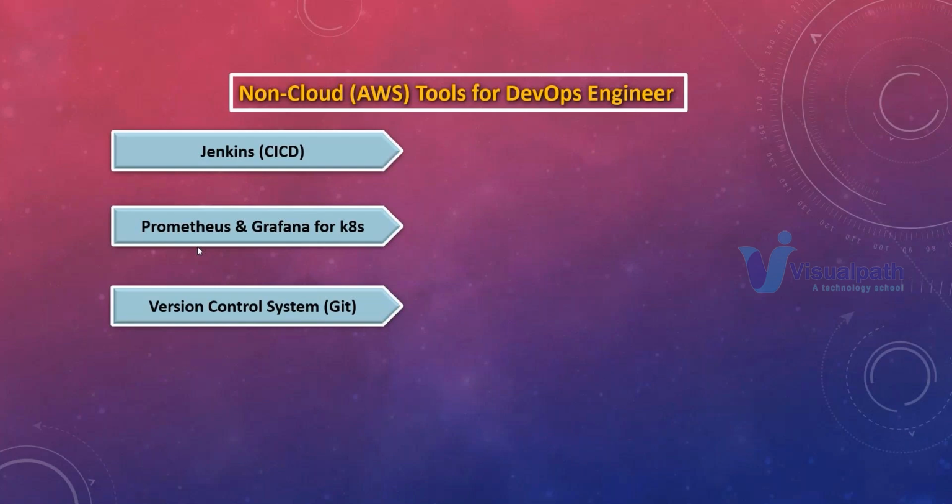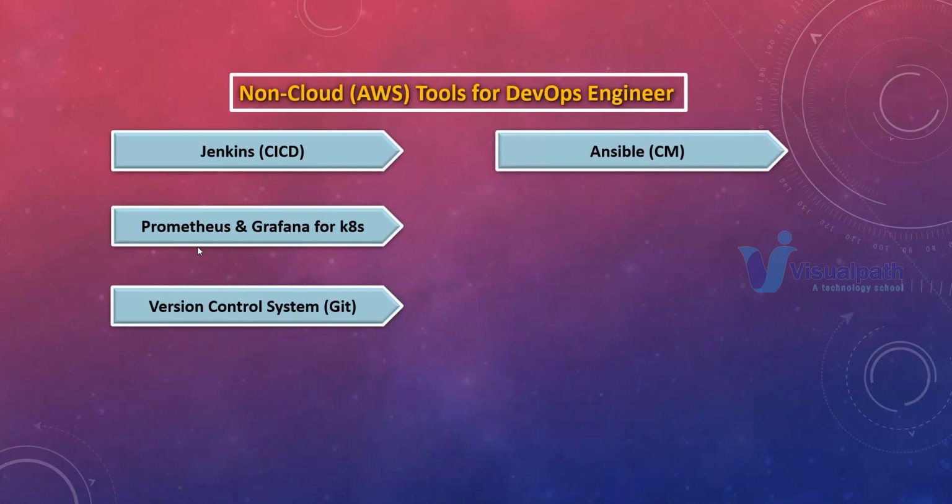Okay, and after that we need to learn about Ansible. Ansible is one of the configuration management tools. For example, you have 100 systems in your organization. On 100 systems, you have to do some particular task. How much time will it take to do it manually? Maybe some hours or some days. But instead of doing it manually, I want someone to log into my systems and execute the commands I have given.